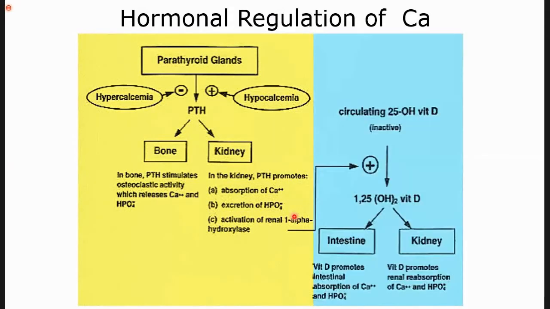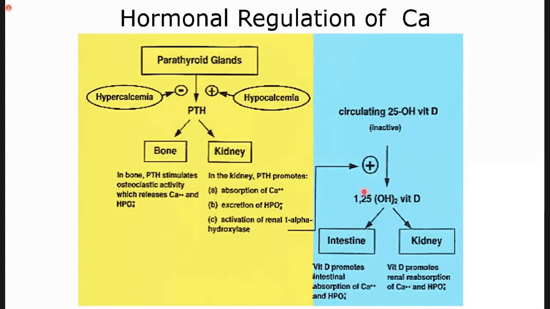It activates vitamin D by converting 25 hydroxy vitamin D into 1,25 dihydroxy vitamin D, that is calcitriol. This is the only active form of vitamin D, which acts on the intestine and kidneys.